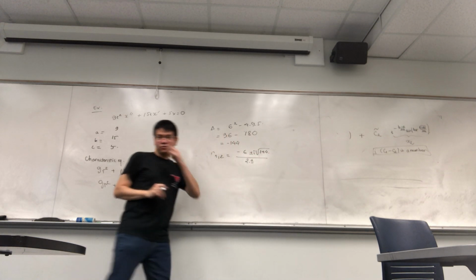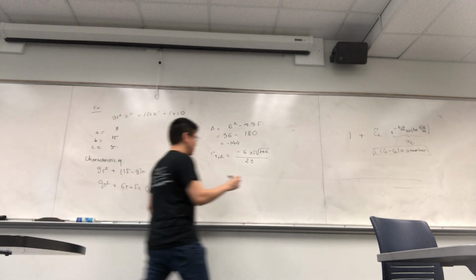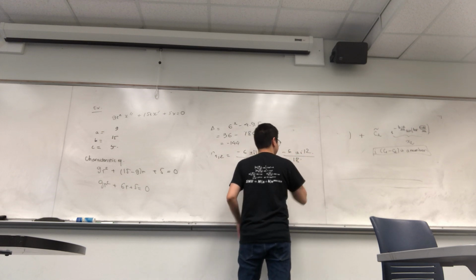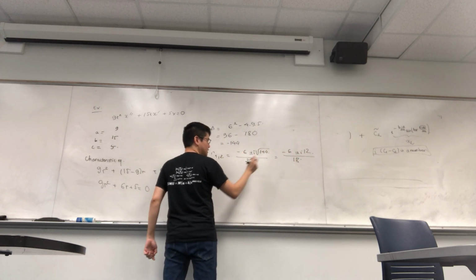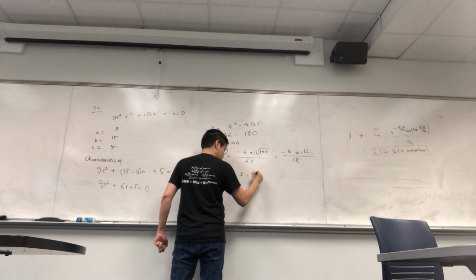So what is the square root of 144? So here you have -6 plus or minus i times 12 over 18. So this gives me -1/3 plus or minus i 2/3.